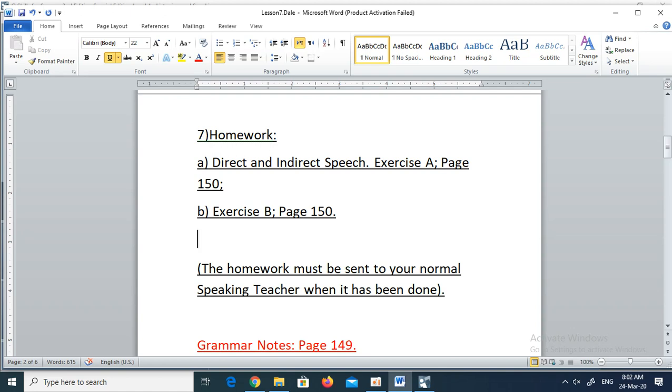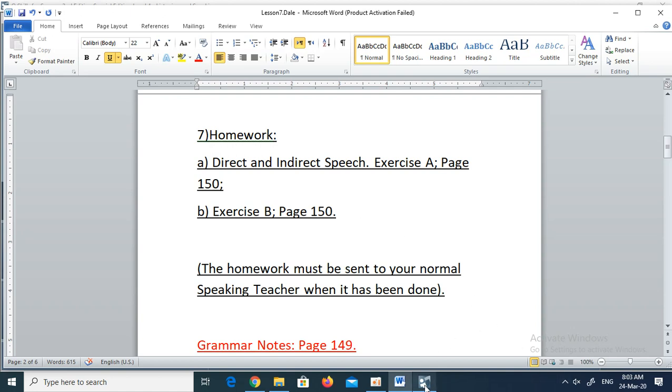Okay, so it will be exercises A and B on page 150. When you have done those exercises later, I want you to take a photograph of page 150 on your smartphone and send that homework to your normal speaking teacher.